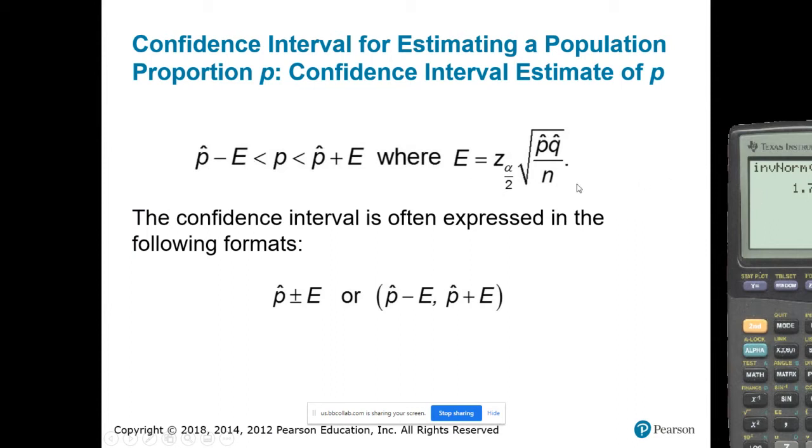E is equal to the Z critical alpha over 2 value, which we are able to calculate, or if it's a common value, we can pull that from the chart, times the square root of P hat times Q hat divided by N. We would subtract this margin of error from P hat, and add it to P hat, to form our confidence interval. We'll take a look at an example of this in just one second.